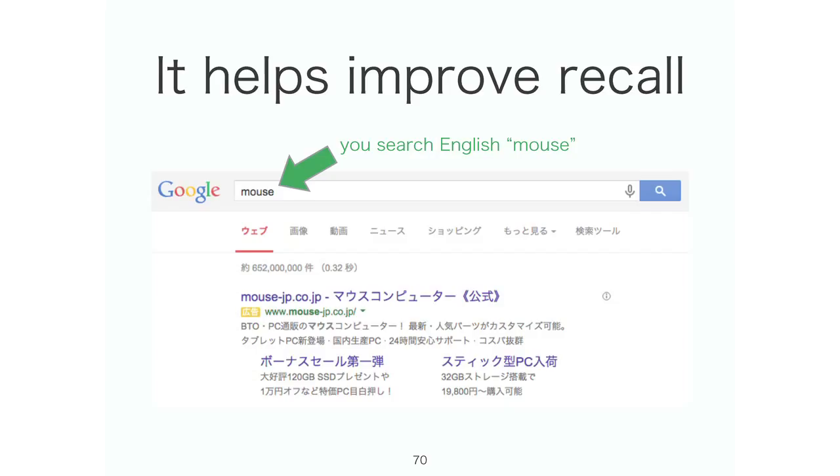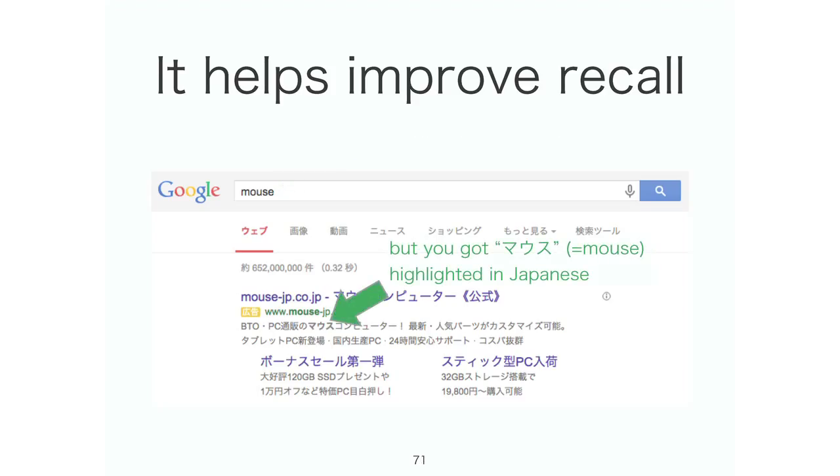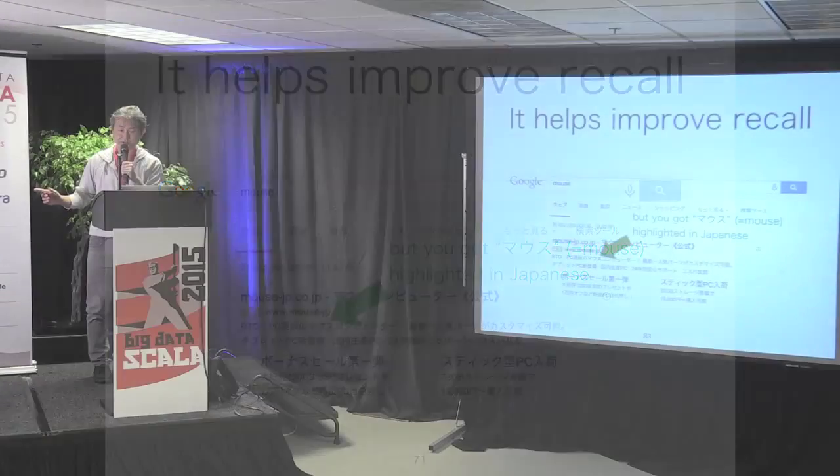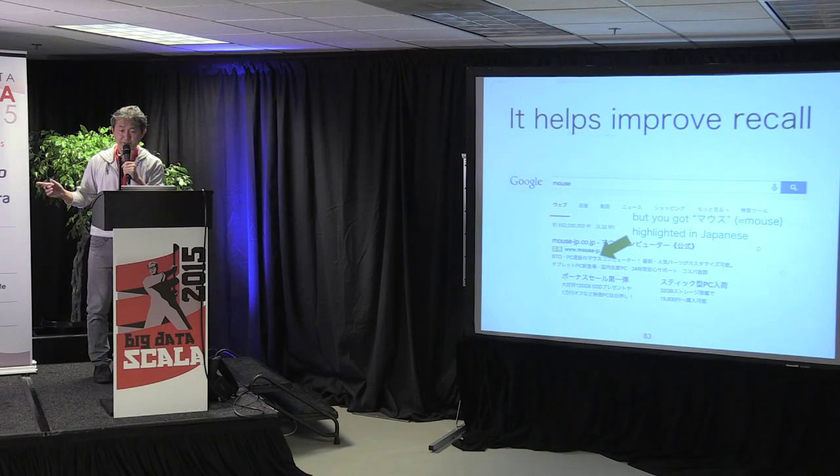Let's see a specific example. Here, the user searched an English word, mouse. But you got mouse in Japanese highlighted in the search result. What we've learned here is that if we have a list of English-katakana word pairs that originated from English words, it helps improve recall for a search engine.